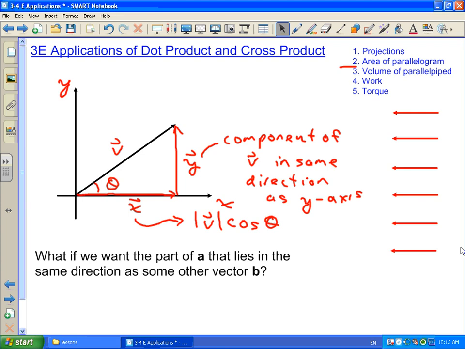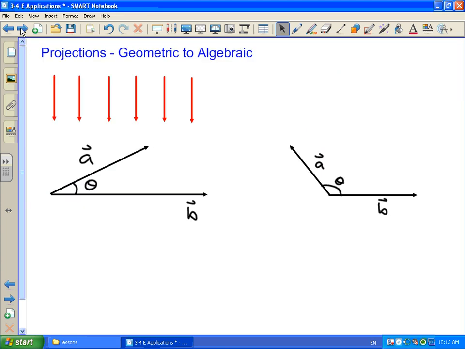Okay, so this is where we're going with projections here. Why do we call these things projections? Well, let's take a look at the next slide here. And like most things in vectors, I'm going to start by looking at these things geometrically, and then we're going to look at how you do this algebraically. So the way to visualize a projection is, imagine we've got our two vectors here, a and b. And because this is geometric, we know the angle in between them. It's theta.